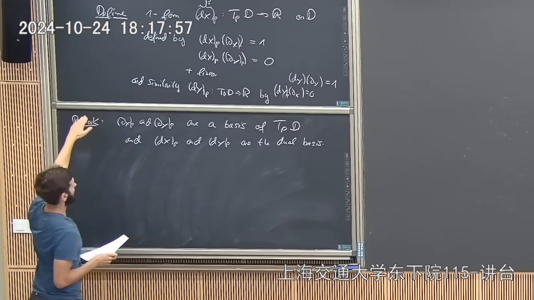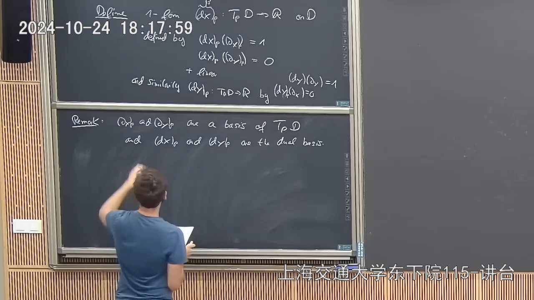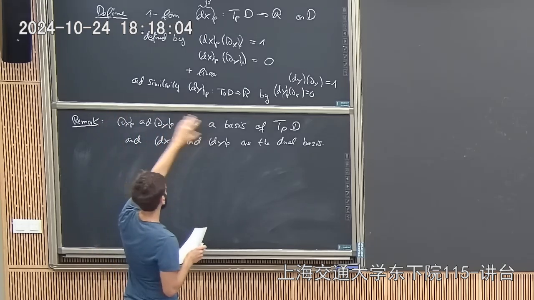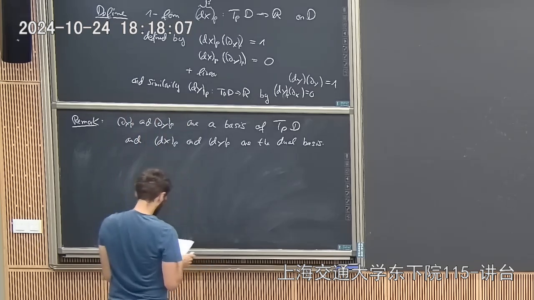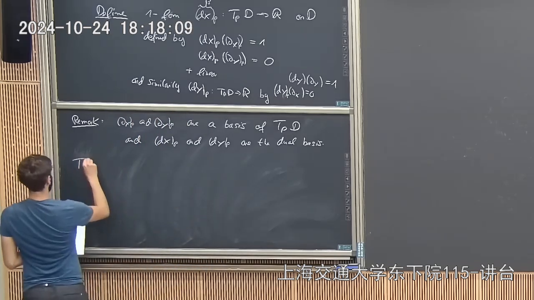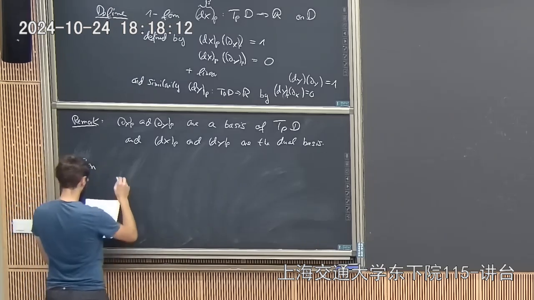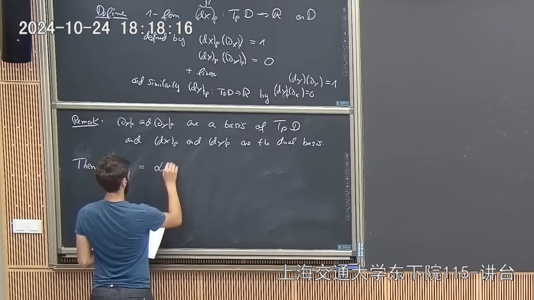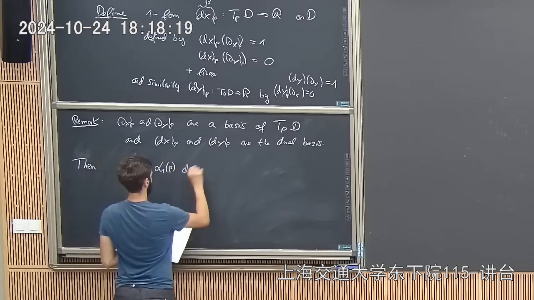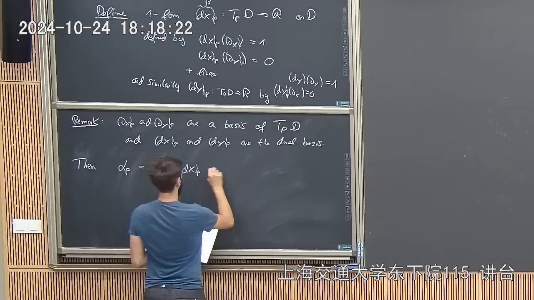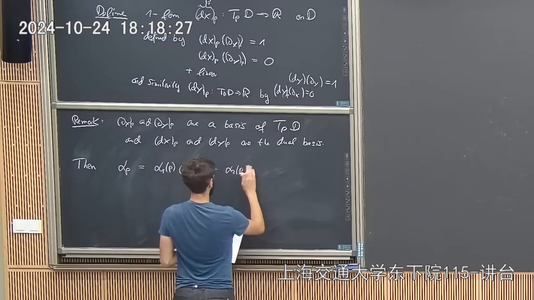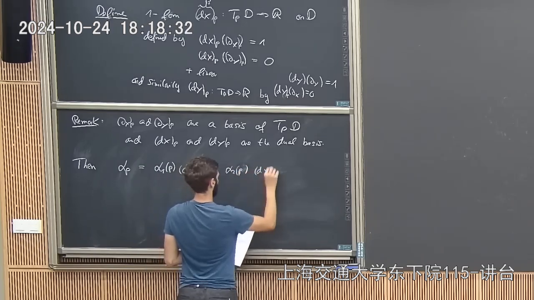So the point was that we wanted to find a description of alpha in terms of alpha 1, which looks very similar to the vector things. And the way we do this is we can write that alpha at p equals alpha 1 at p times dx at p plus alpha 2 at p times dy at p.